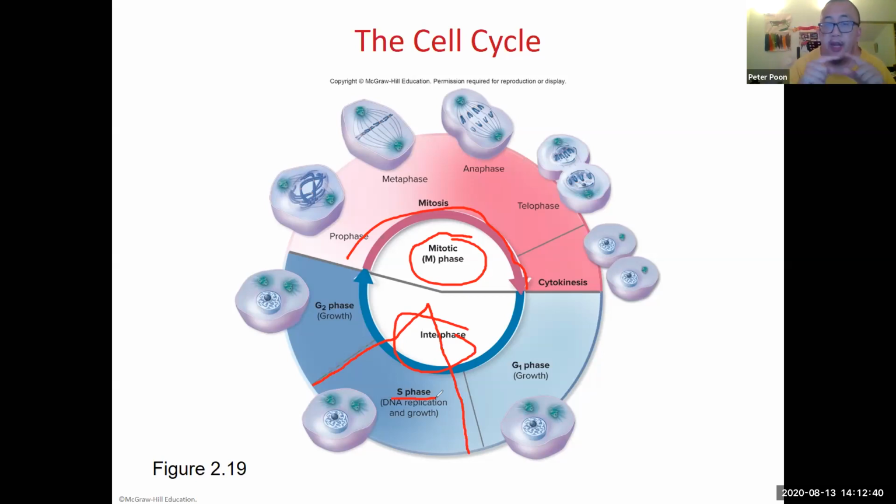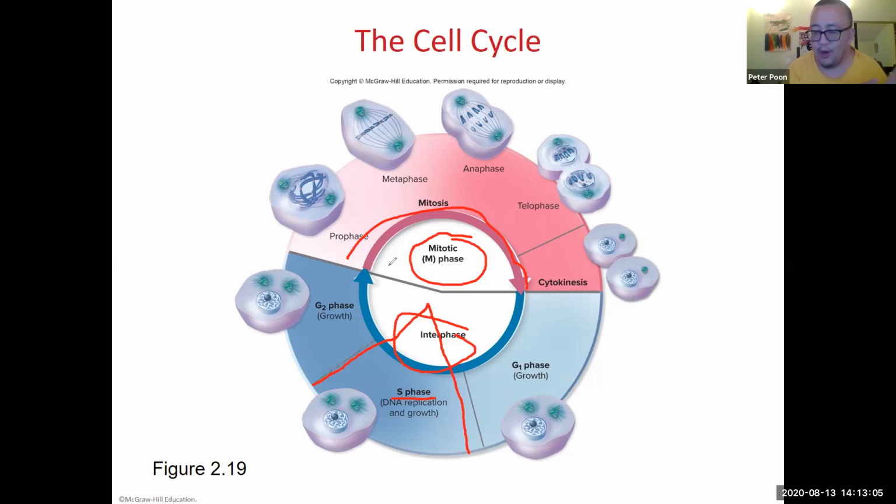The other two phases, we didn't know what to call them. There's a gap on this side and a gap on that side, so this became gap phase 1 and gap phase 2, G1 and G2.